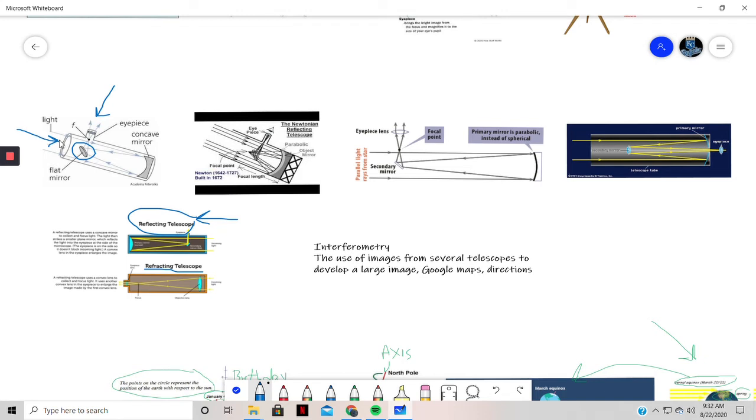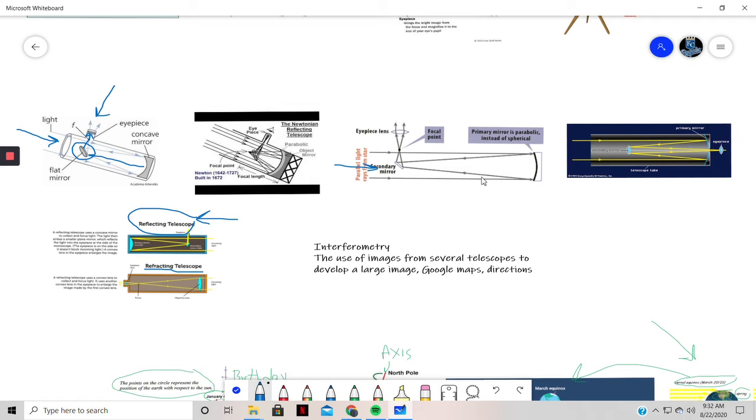So the image comes in, it hits this mirror, which sends the image back to the second mirror, and then up to your eye. That's why it's called reflecting. And you can see it here again. Image comes in, hits the big mirror to the small mirror, up to your eye.